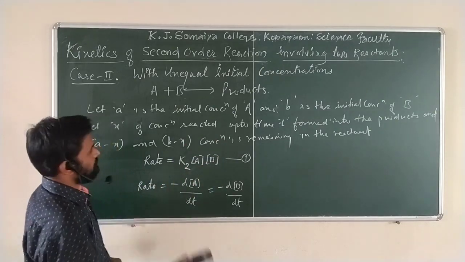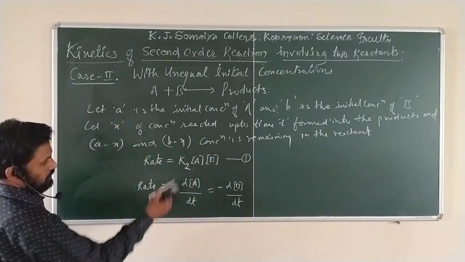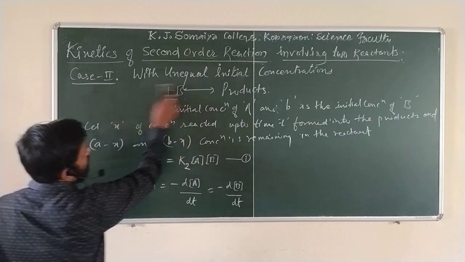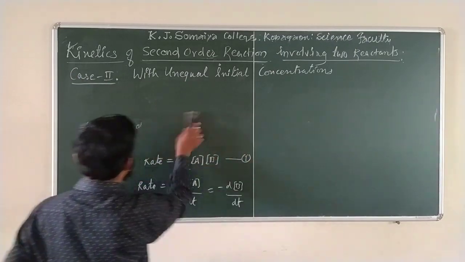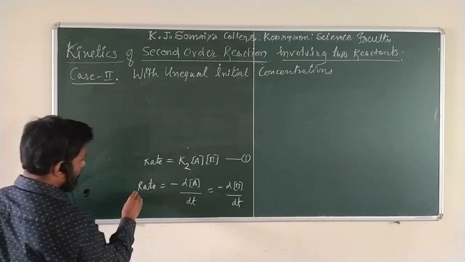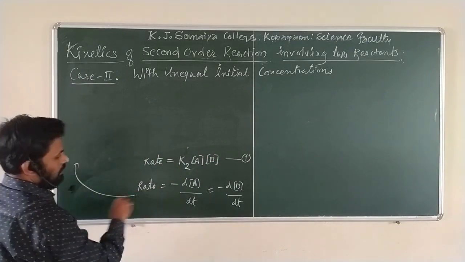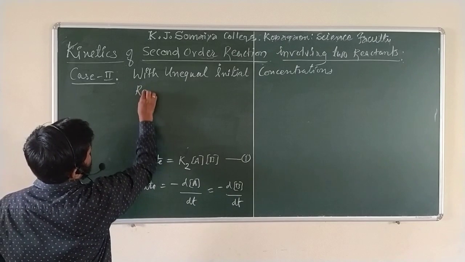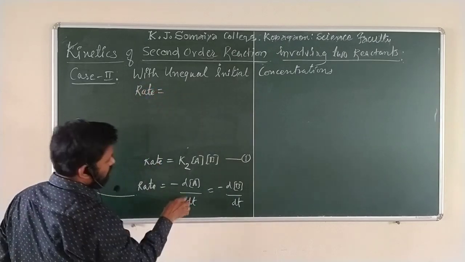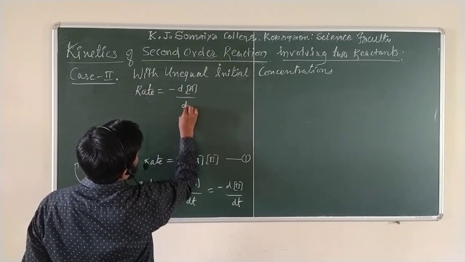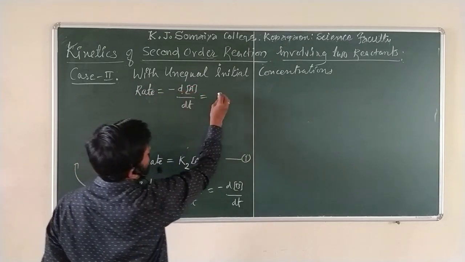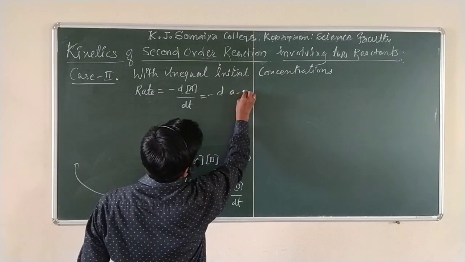Now this we have to rearrange. I hope you note down this one. So this above equation can be rearranged. Rate equals minus dA upon dt, which is nothing but minus d(a minus x) upon dt.